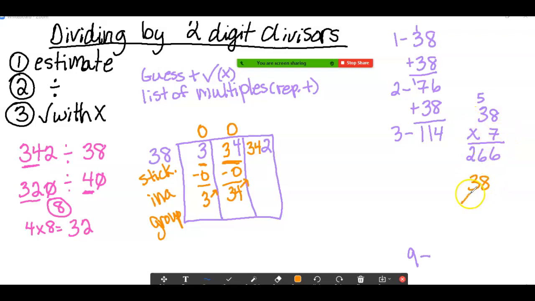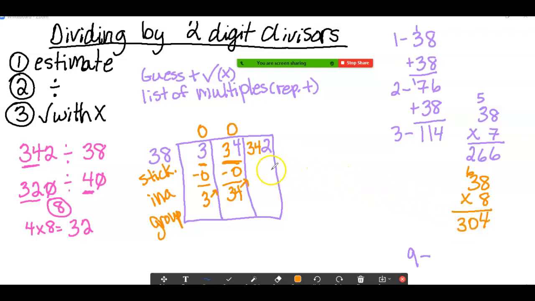So I'm going to try 38 times 8. 8 times 8, 64. 8 times 3 is 24, plus 6 is 30. Well, I'm closer, but that's still kind of far away.